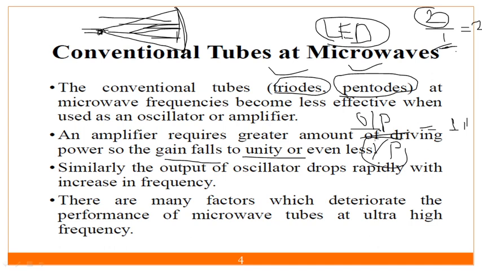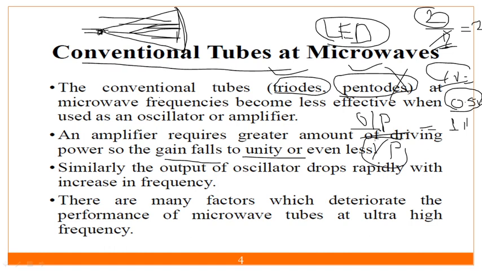That should not happen. It means, in case of an amplifier, you are applying a 1 volt signal and we are obtaining a signal of 0.5 volt, 0.4 volt amplitude. So this is a reduction of amplification. This should not happen. We want the signal to be greater than the 1 volt applied on the input side. So these are all the losses we have in our traditional or conventional microwave tubes.